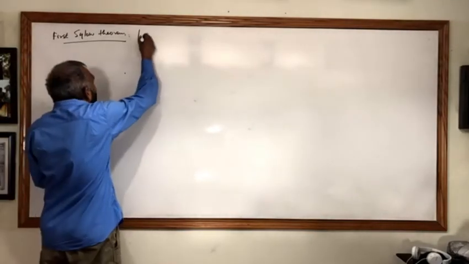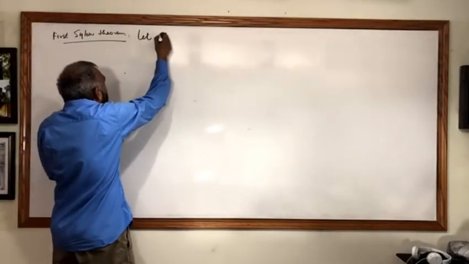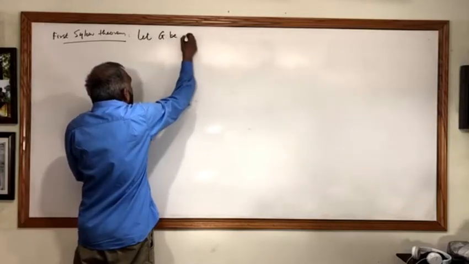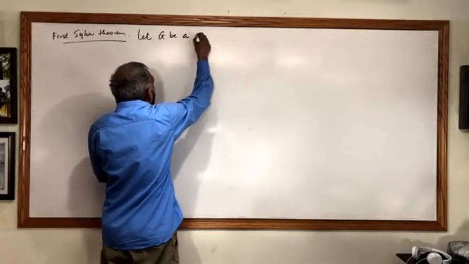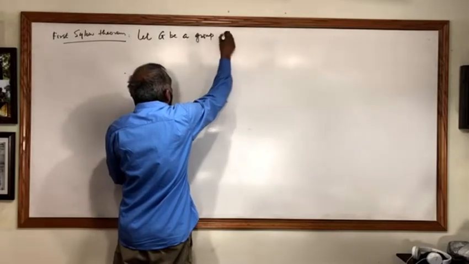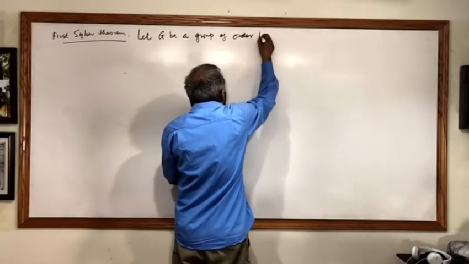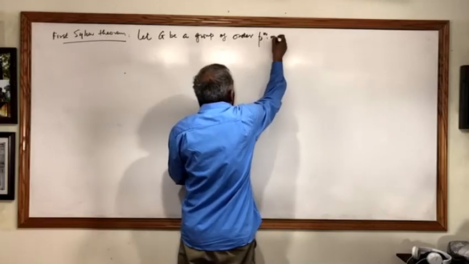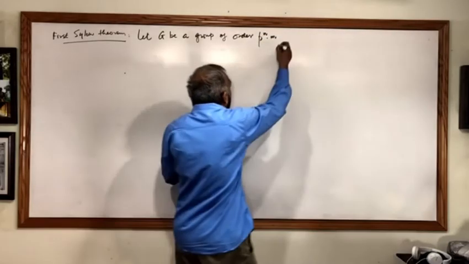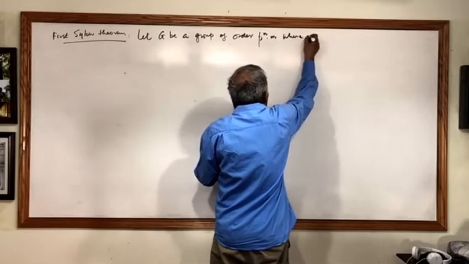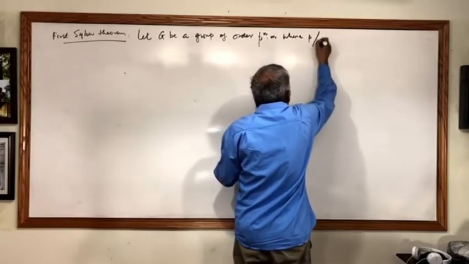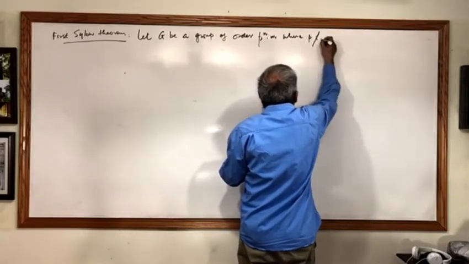Let G be a group of order P to the power of n times m, where P does not divide m.